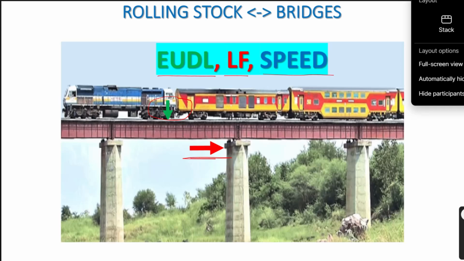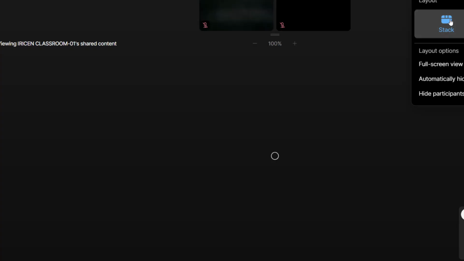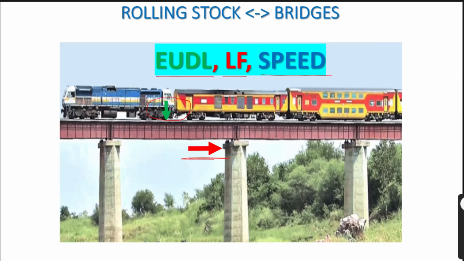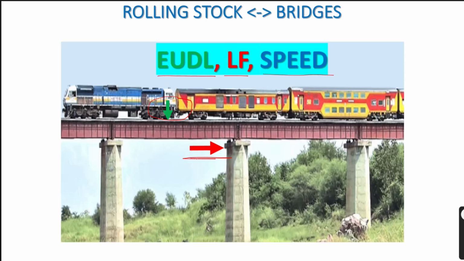So we can say a major component of the longitudinal force is in fact borne by the substructure, whereas vertical loads like axle load or UDL are taken by the superstructure. This is the basic understanding we should have when we are designing, and when we are understanding the transfer.